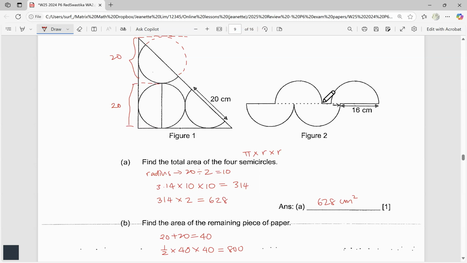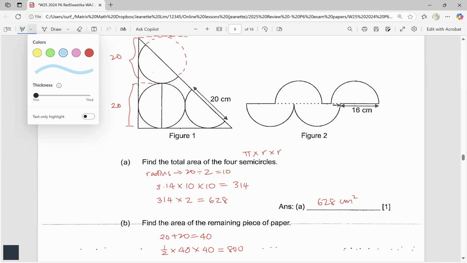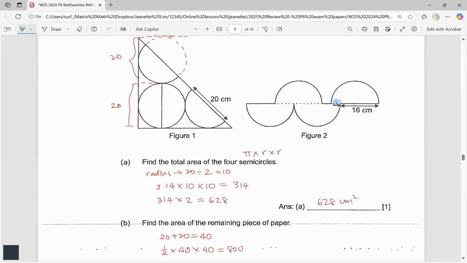So 20, 20, and then you have a 16 here, which means that this part here is 4 cm. Then this part here is 20.